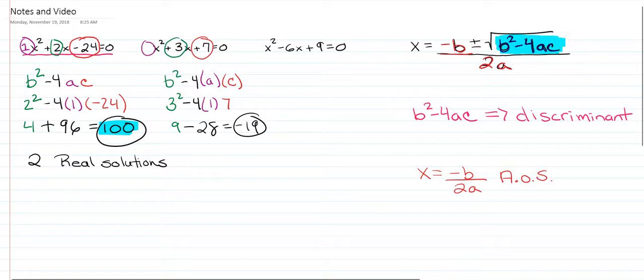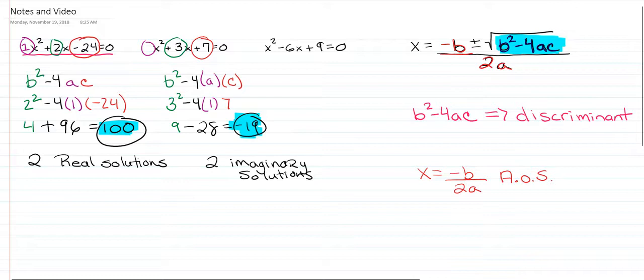Here, my answer is negative. So, will I have real solutions if what's under my square root is negative? No. Remember, if it's negative, that means it's going to be imaginary. So here, I will have 2 imaginary solutions.